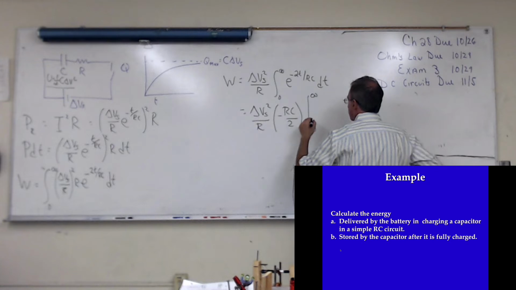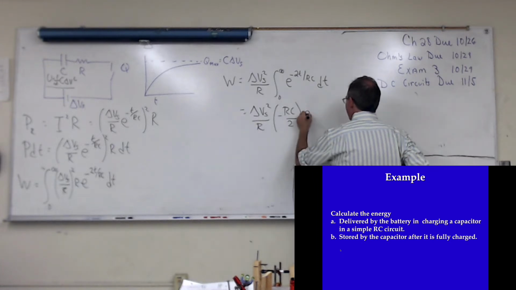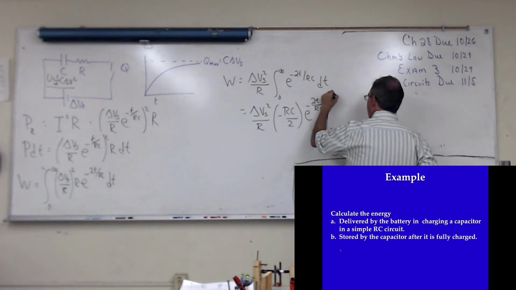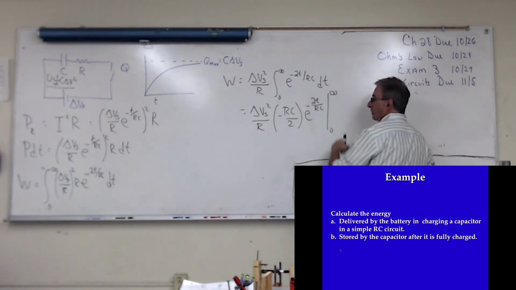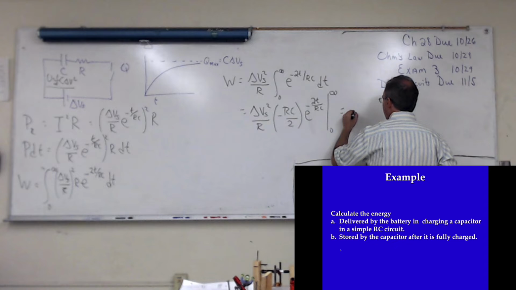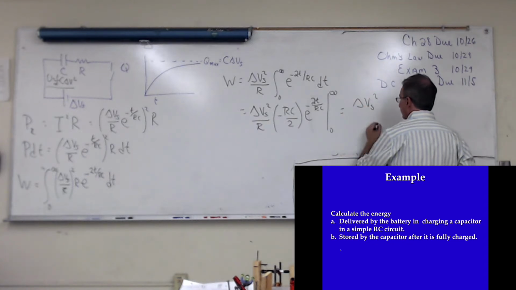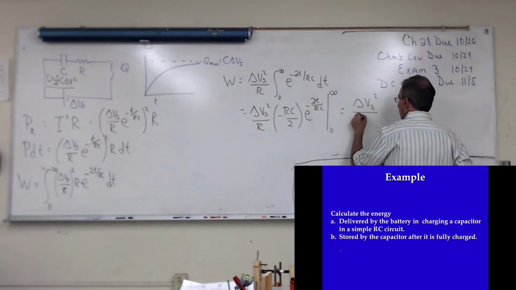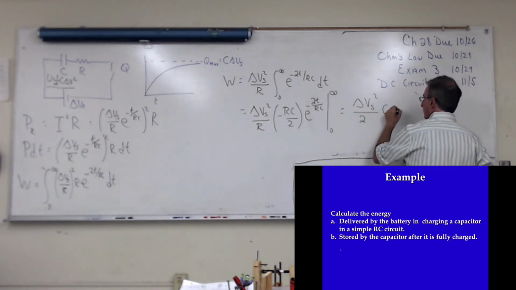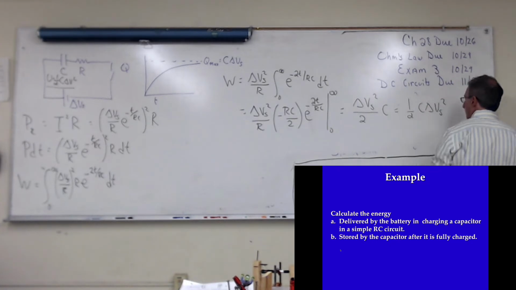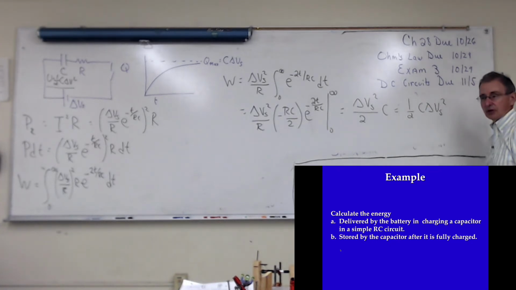Oh, I forgot the exponential. This term is 0 at infinity, and so all I get, so half the energy is lost by the resistor, okay? Half the energy delivered by the battery is lost by the resistor.